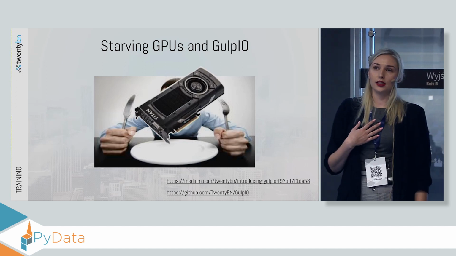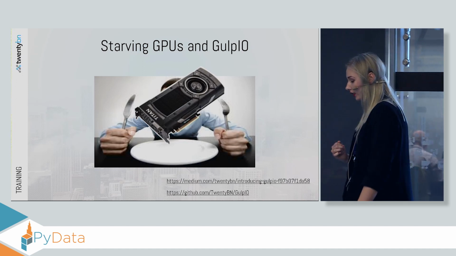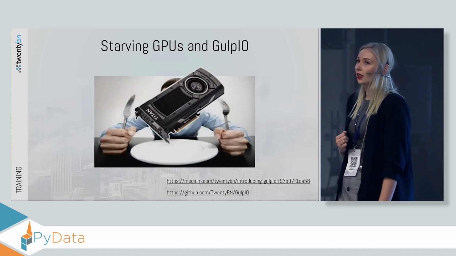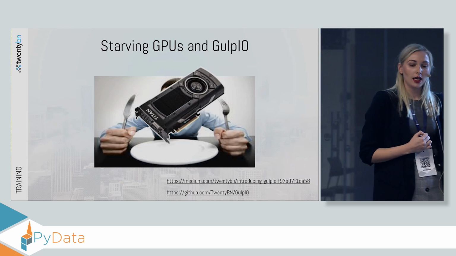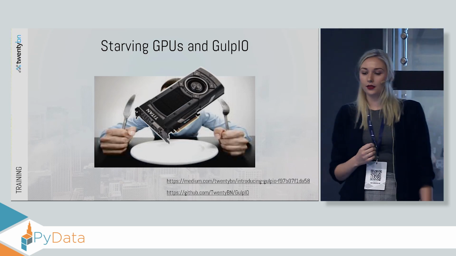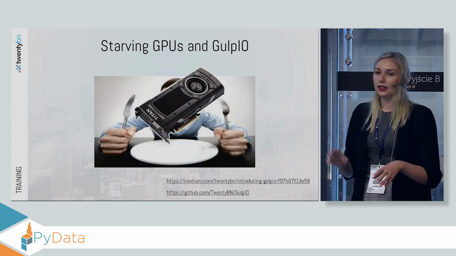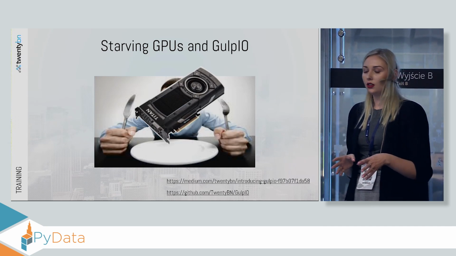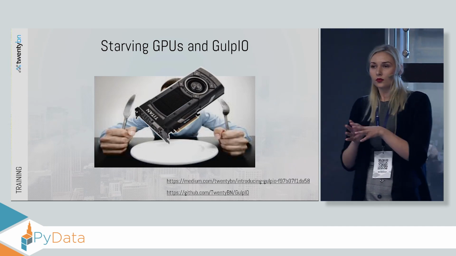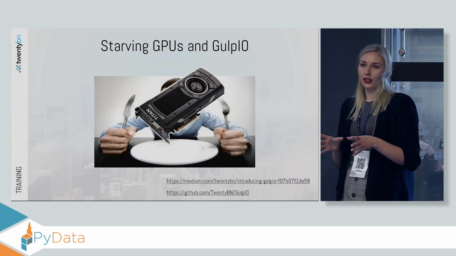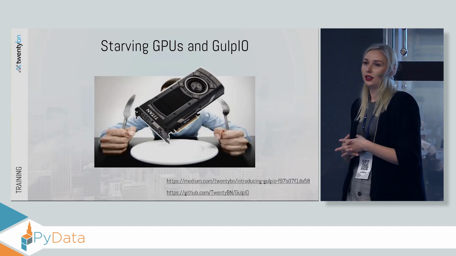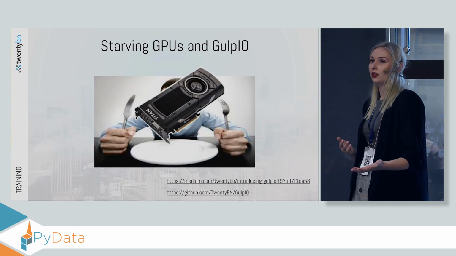And so our solution was writing our own data format that we call gulp.io. It's basically a data format that concatenates all the frames of the video into a single data file and saves the offset and the metadata into a secondary meta file.